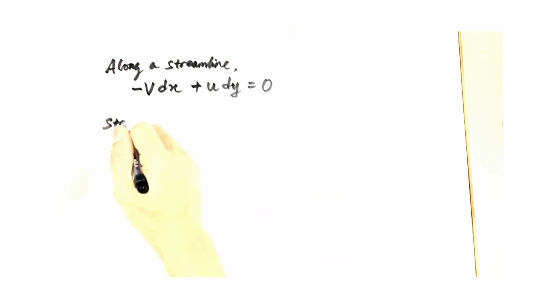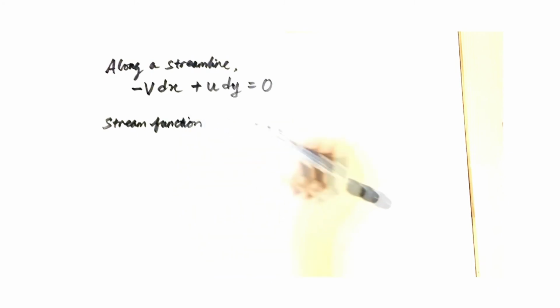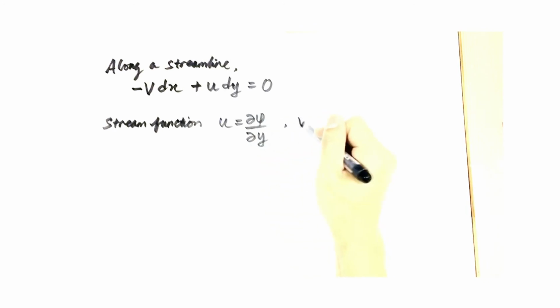Now we have the stream function. U equals to del psi by del y, and V equals to negative del psi by del x.